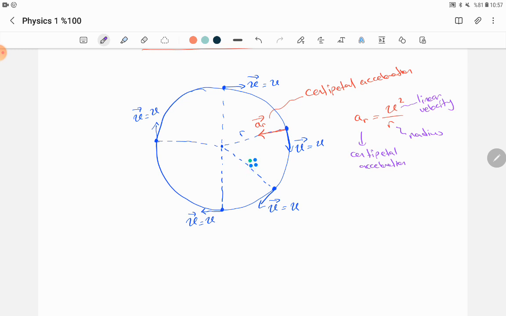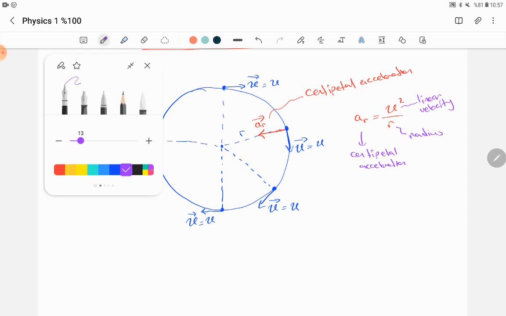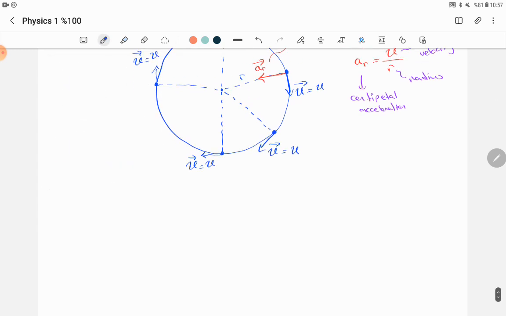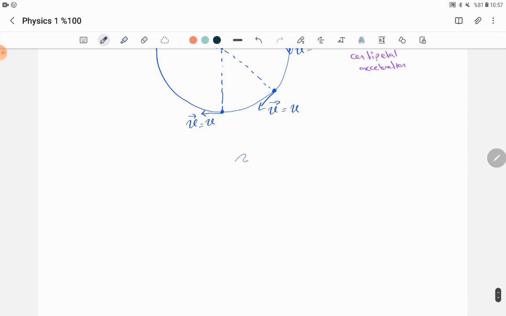Let's look at another figure. Drawing another figure, here is the center of the circle, the linear velocity, and the radius.